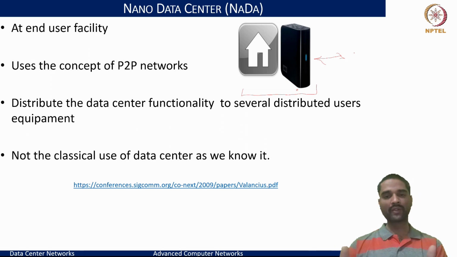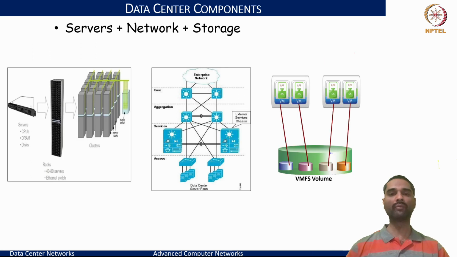Besides this classification, what we can see as a generality in all of them is that these data centers constitute servers and storage. Servers we mean as compute servers, and storage as storage devices, both combined together with the network.